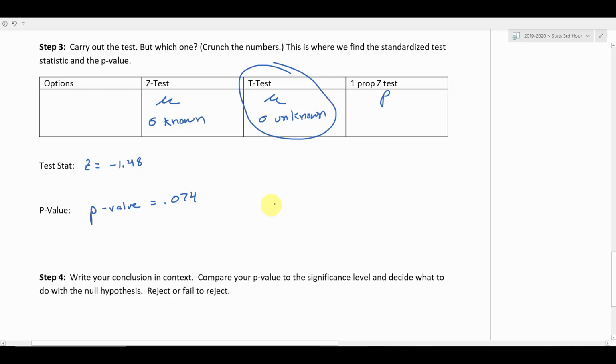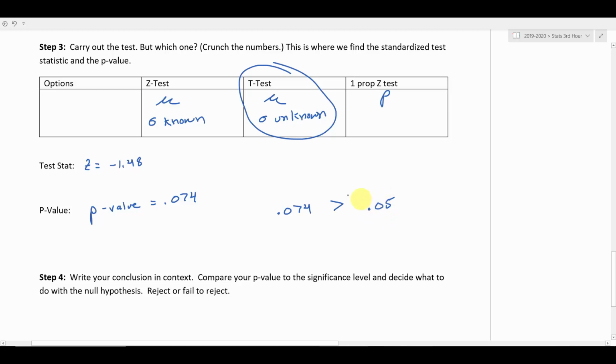And now I got to use that to make a decision about the weight loss. Okay, so I'm going to take my p-value, 0.074. I'm comparing it to my significance level, which is 5%, and the 0.074 is greater than. Okay, so while a 7% chance of something happening is pretty low, it's not low enough to convince me that the drug causes weight loss.